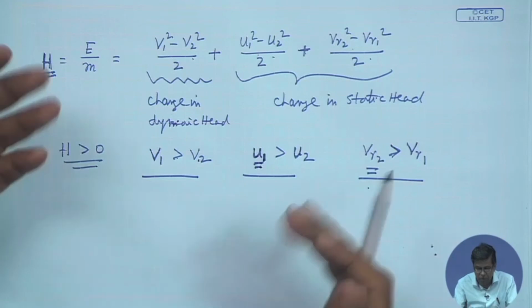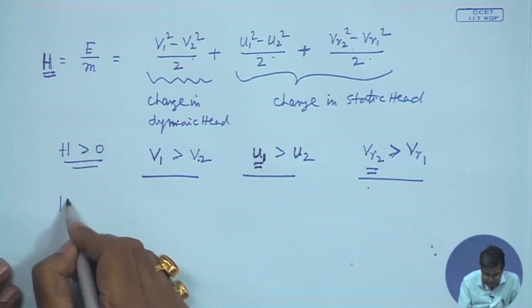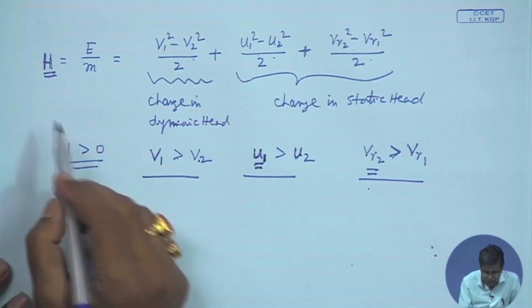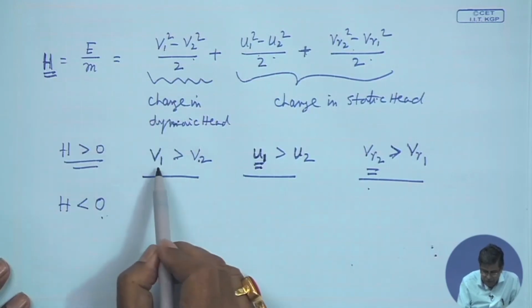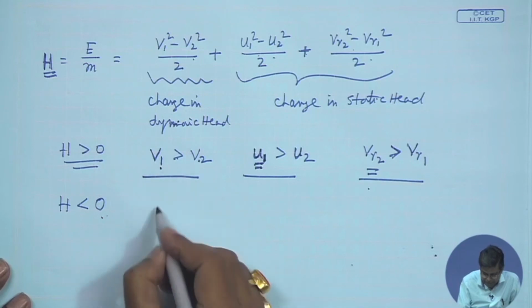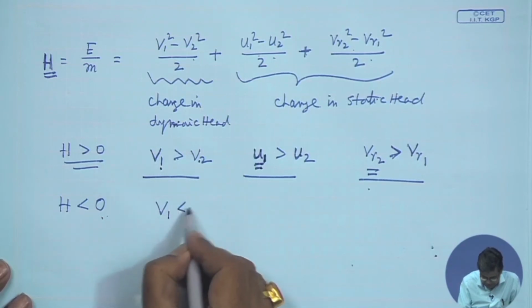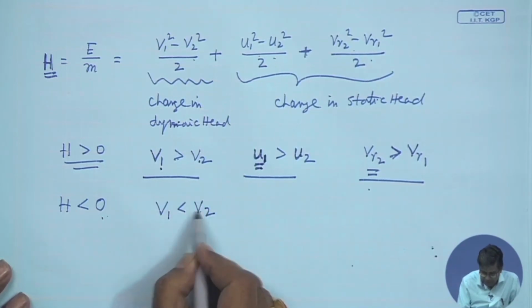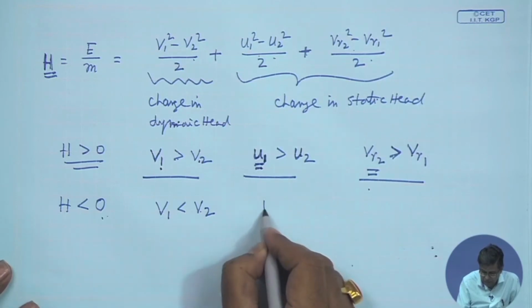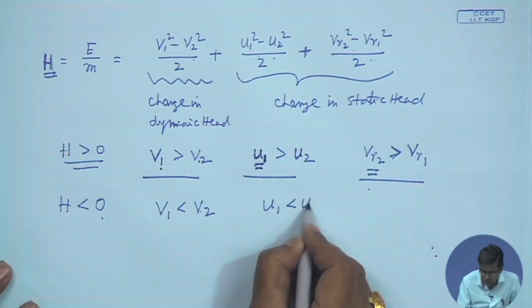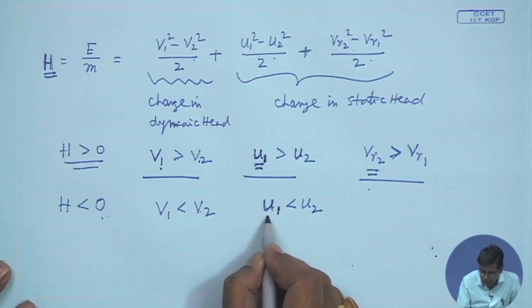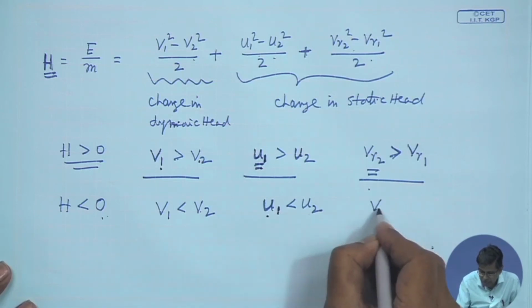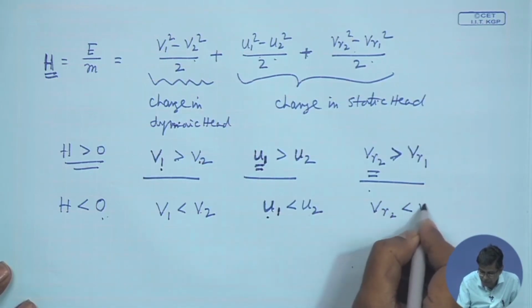While in pumps and compressors the energy is absorbed by the fluid, that means energy is taken by the fluid. By convention this is negative. In that case V1 will be less than V2, that means the inlet velocity is lower than the outlet velocity, and U1 is less than U2, that means the inlet will be at a lower radial location than the outlet, and VR2 is less than VR1.